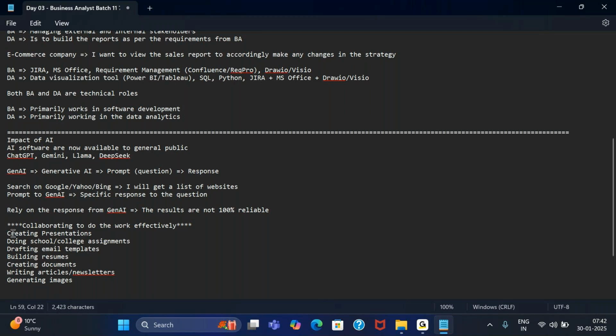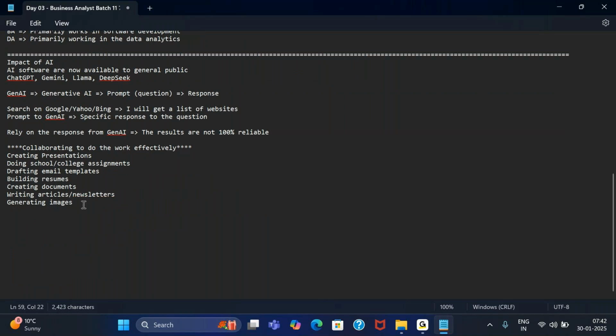Okay? Now, if you adopt AI, okay, you can certainly improve the productivity. If you shy away from AI, okay, there will always be a risk to your job.